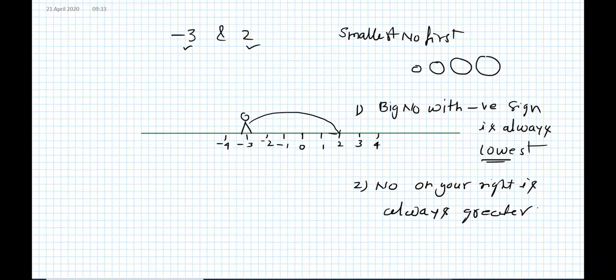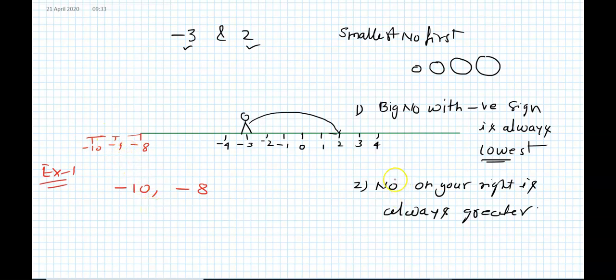So let's do some examples. Example 1: suppose here it is -10 and -8. Which one is greater? If you want to do it the baby way, you draw a number line and write down -4, -5, -6, then -8 will come here, then -9, and -10, but it will take a lot of time.